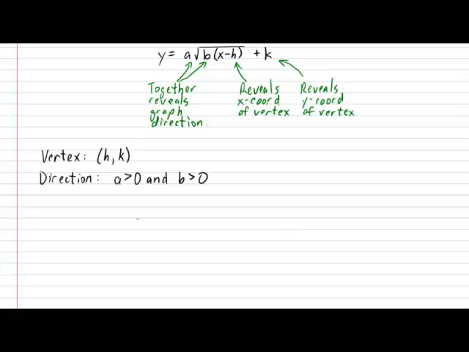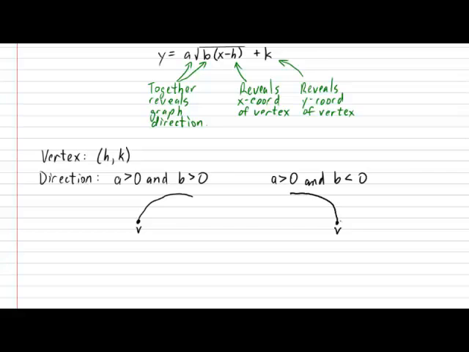Well, in this scenario, the graph starts from the vertex and then it flies up and to the right of the vertex. The second scenario is what if a was positive but this time b was negative? Well, again, the graph will start at the vertex, but this time it will fly up and to the left of the vertex.